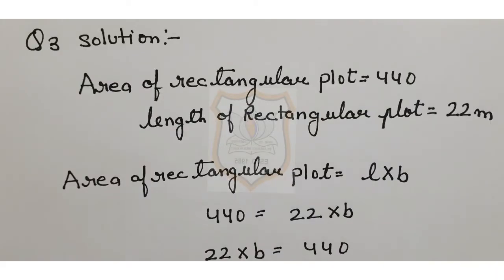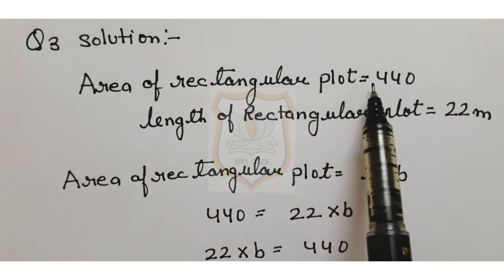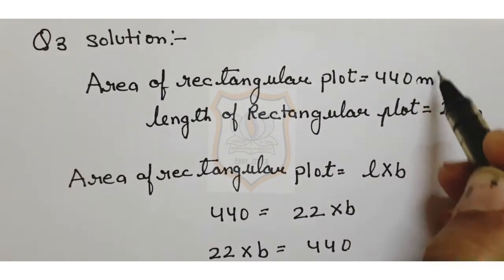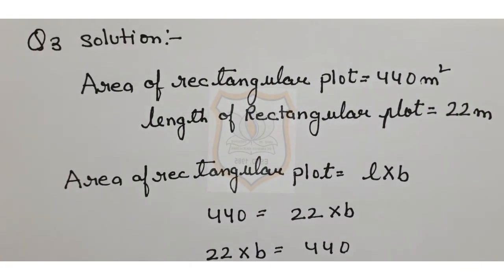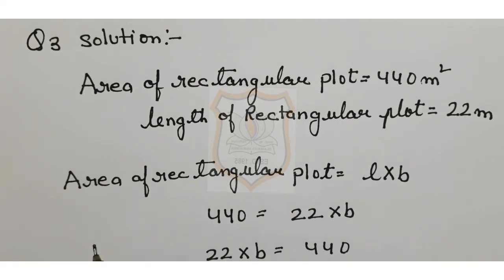See, this is the solution of question number 3. The area of the rectangular plot is equal to 440 meter square, that is given in the question, students. And the length of the rectangular plot is also given, that is equal to 22 meter. Now, you have to find out the breadth of the rectangular plot.